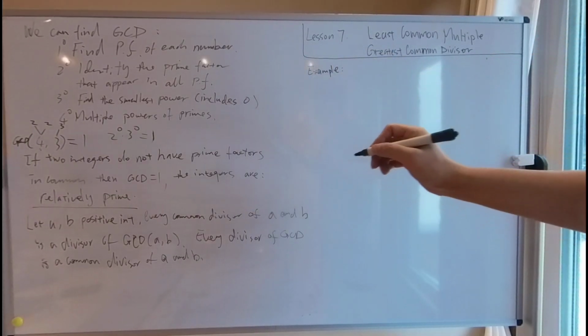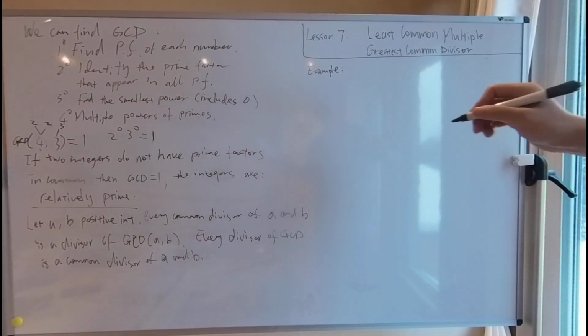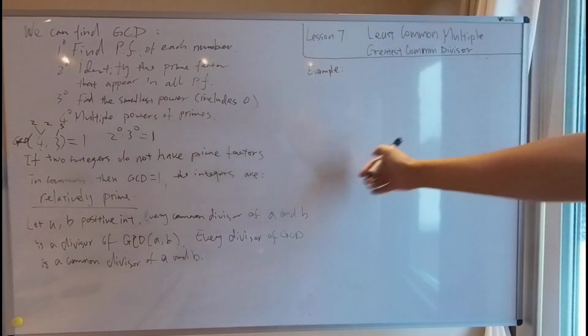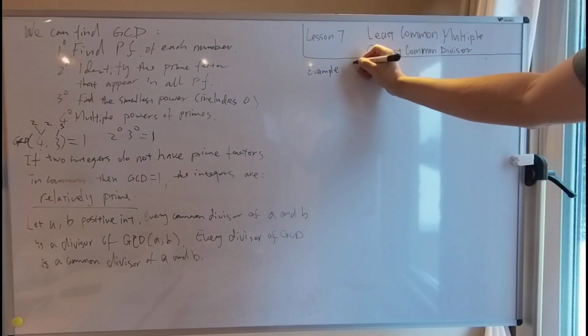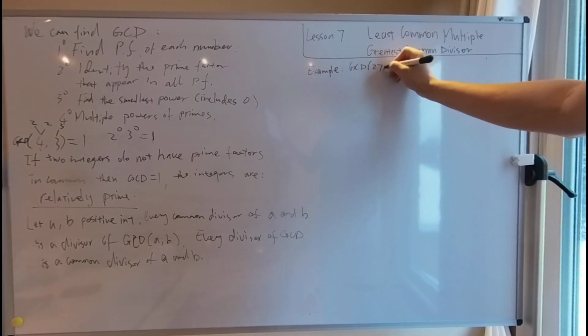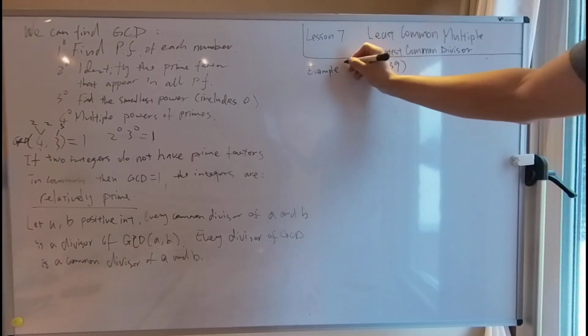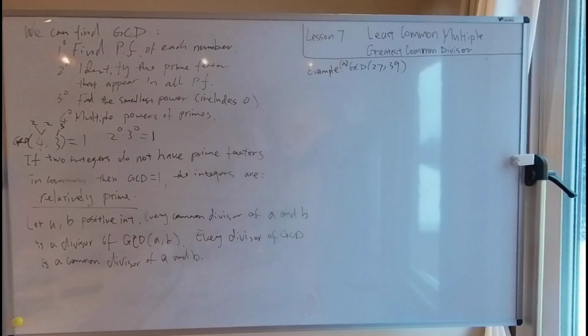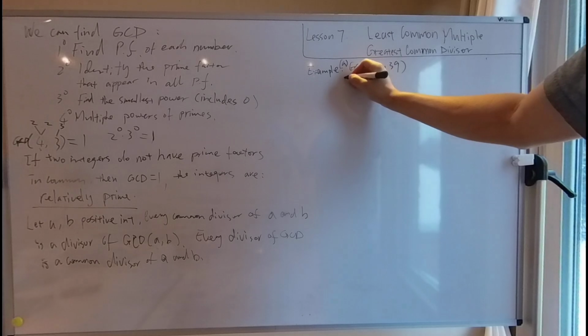Okay, let's see some more examples to practice how to calculate the GCD between two numbers. So first of all, looking for the GCD of 27 and 39.